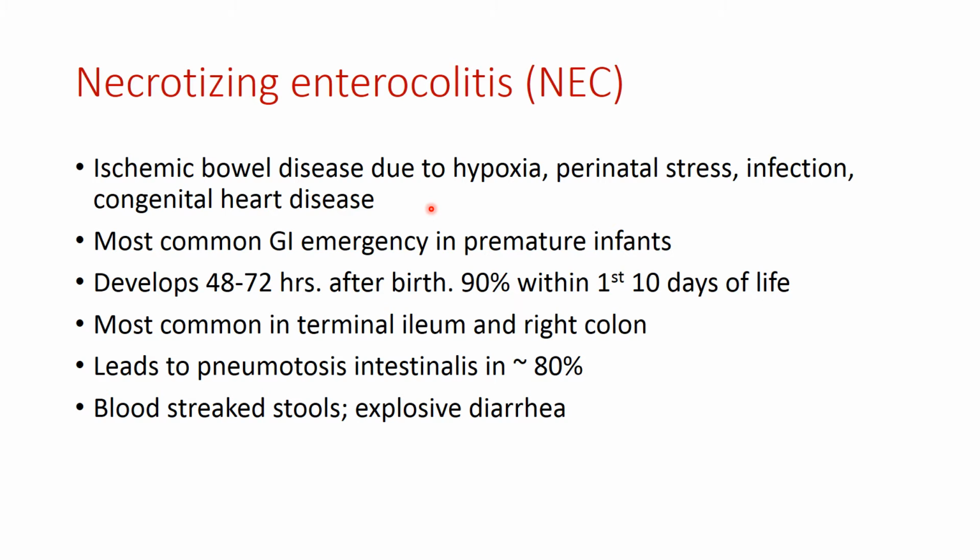And so usually it develops 48 to 72 hours after birth. And if the baby has gone 10 days of life without necrotizing enterocolitis, in 90% of the cases they won't develop it. Most commonly it begins in the terminal ileum and the right colon, but it can spread from there throughout the remainder of the bowel.